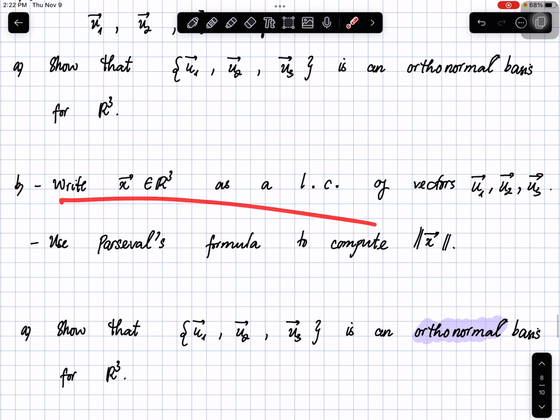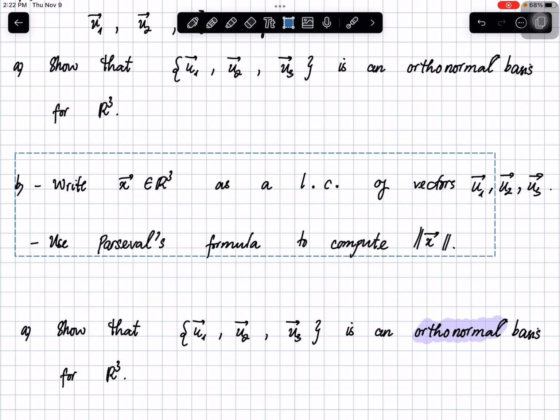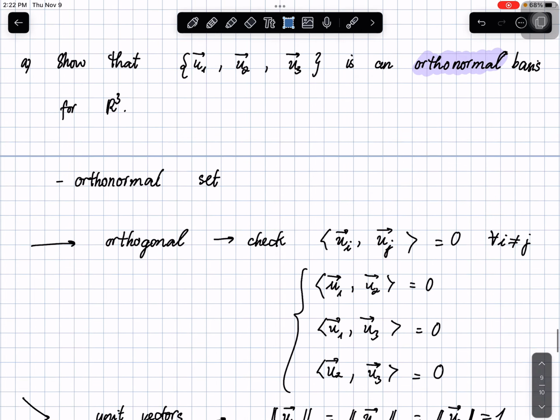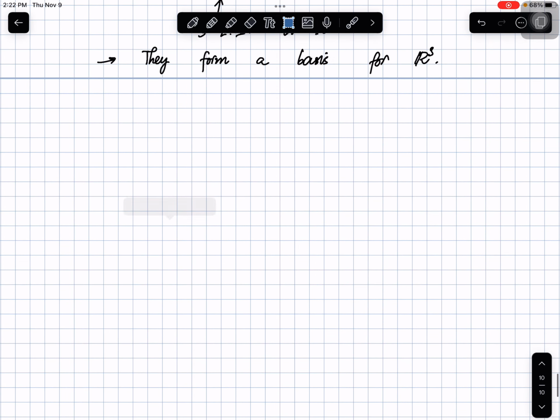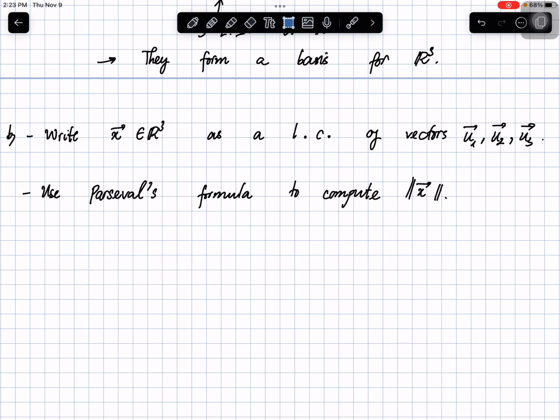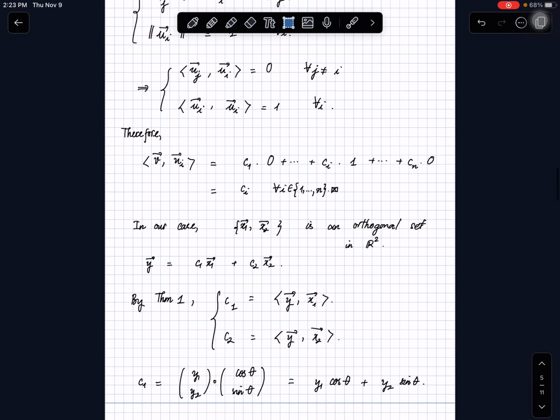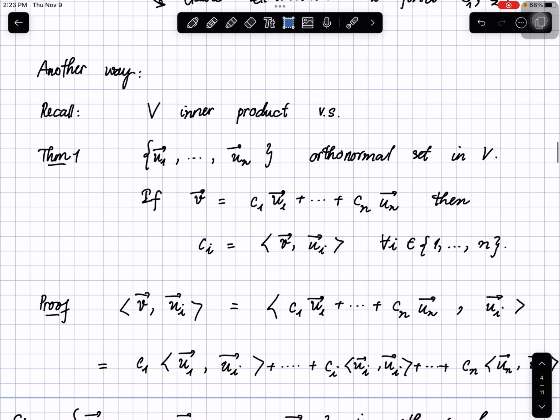And for the second part, write x as a linear combination of the vectors u1, u2, u3. Now we use a theorem we proved before, theorem 1.